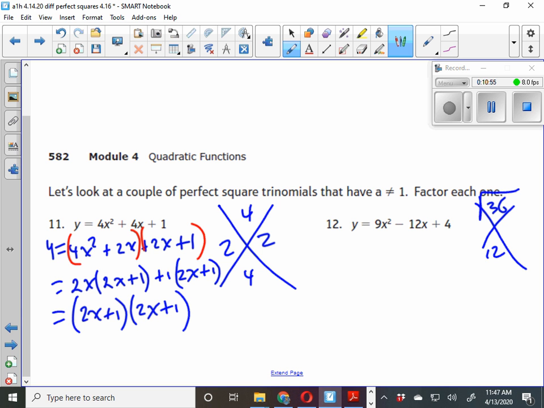Well, the square root of 36 was 6, doubled is 12. So if you're doing this the long way, it's 6 and 6, or y equals 3x plus 2 quantity squared. Does that work? If you need to, stop the video, verify your solutions to see if you can recognize the patterns. It's important that you're beginning to see the patterns.